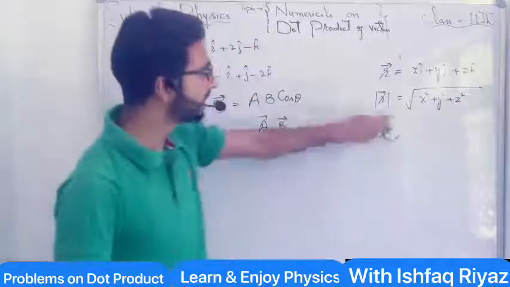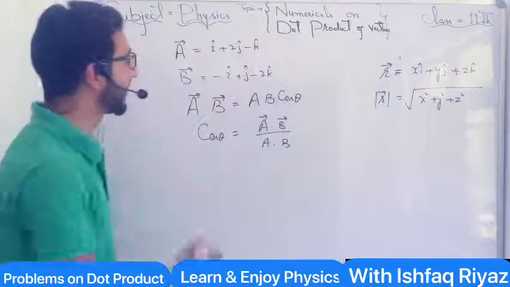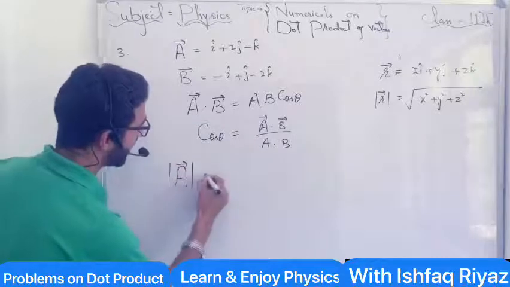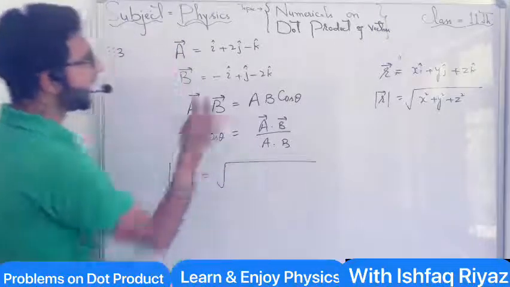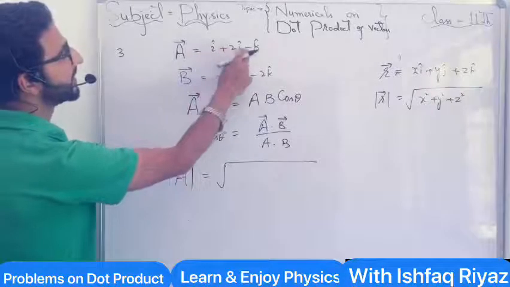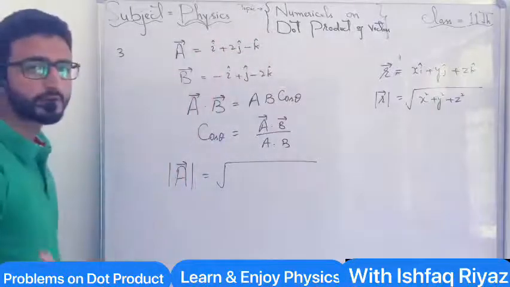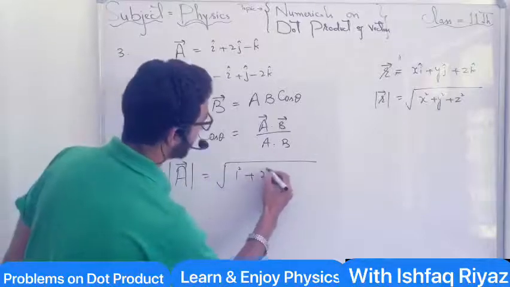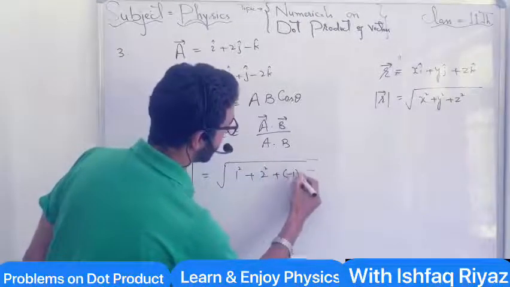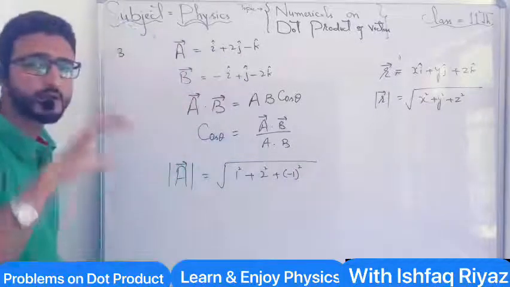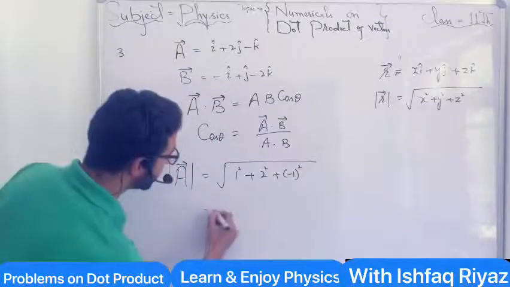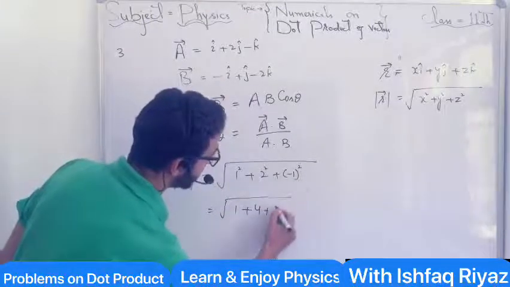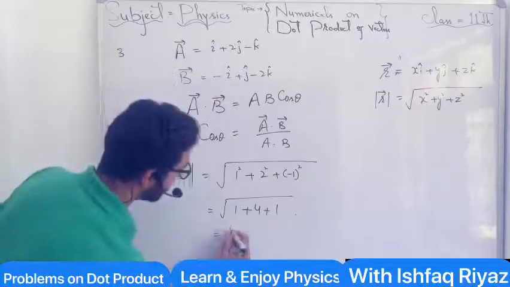I will use the same formula here to calculate the magnitude of A. So, magnitude of A will be given by under root of x square, where x is the coefficient of i, y the coefficient of j, and z the coefficient of k. So this will be equal to 1 square plus 2 square plus minus 1 square. This is how we calculate the magnitude of a vector, right? So that will be 1 plus 4 plus 1, so this is under root of 6.